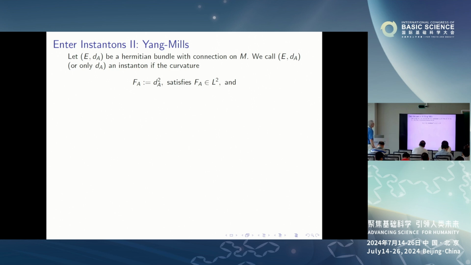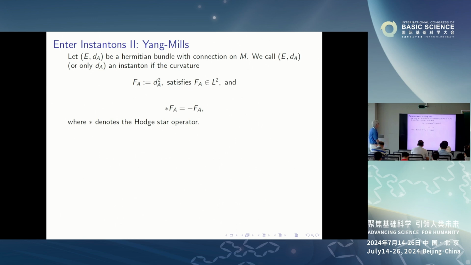So I call (E, dA) an instanton if its curvature, so my dA, I always think of my connection as being the analog of the exterior derivative. So if I had the usual exterior derivative, of course it squares to 0, but when I have a connection, it squares to the curvature. And for an instanton, the first requirement is that the curvature be in L2. I don't like to call things instantons if they're not L2.